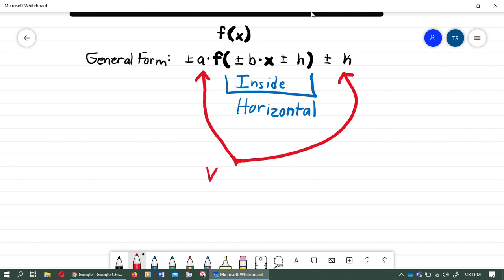You need to be able to recognize the difference between those types of changes, not only when you're looking at a general type of function notation like what we're looking at here, but also when we're looking at specific parent functions and those equations.